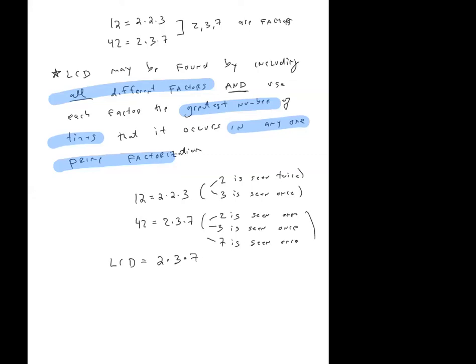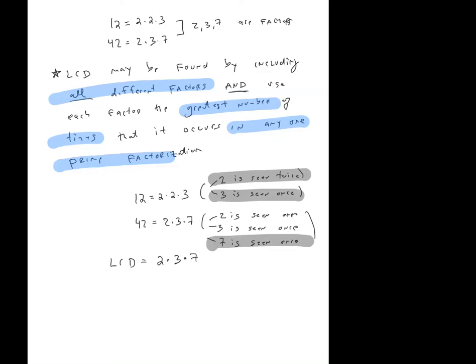So we see 2 seen twice, 2 seen once. The biggest one is the one on the top. 3 is seen once, 3 is seen once. They're both the same, so we just pick one of them. 7 is seen once, so that's it.